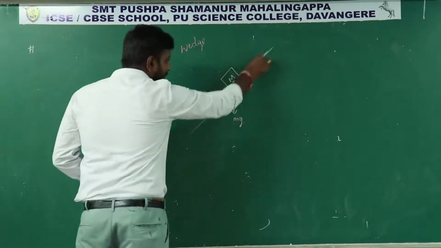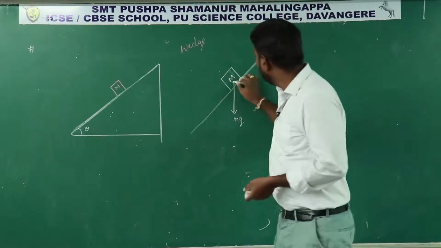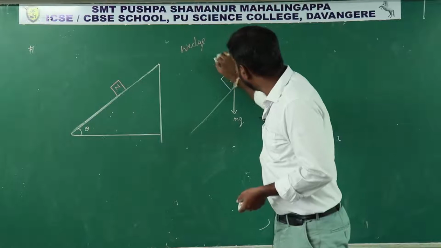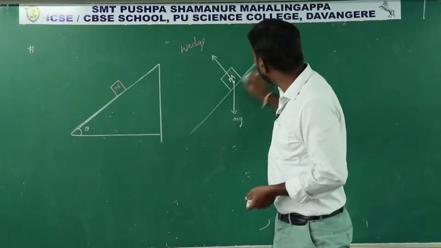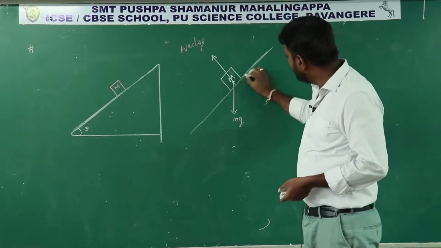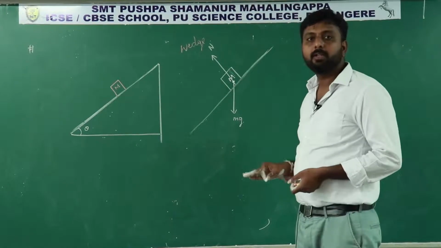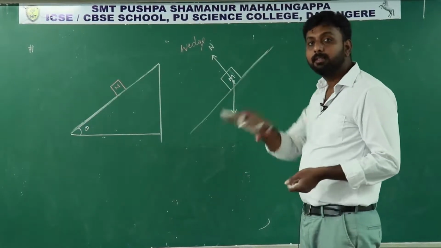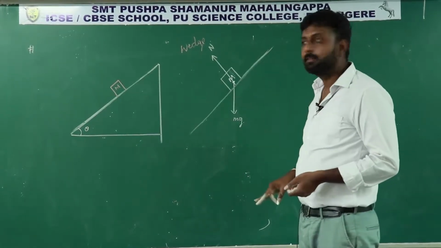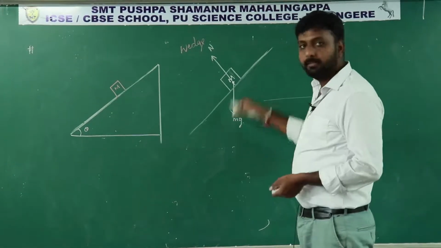But this is the contact surface, so in which direction will the normal force act? Normal force will always act perpendicular to the contact surface. Okay, this is the normal force acting. In previous cases on horizontal surfaces, the normal force balances mg, right?